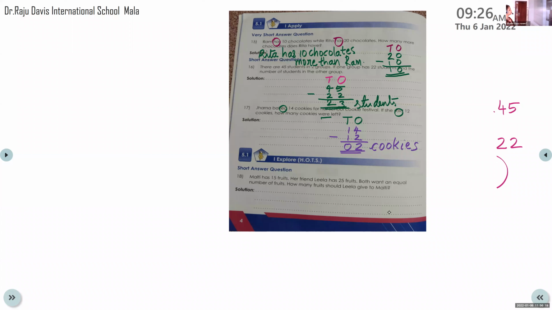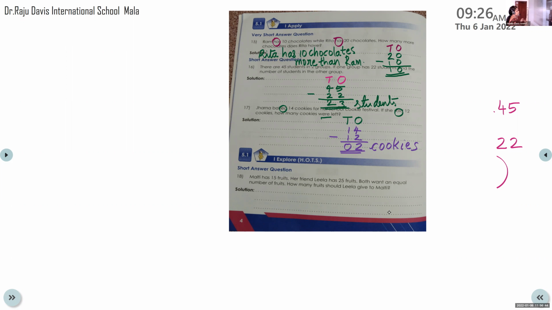So who is having more number of fruits? Is it Maladi or Leela? Leela. Leela is having more number of fruits. We can see Maladi having only 15, but Leela having 25. 25 is the bigger number, no?